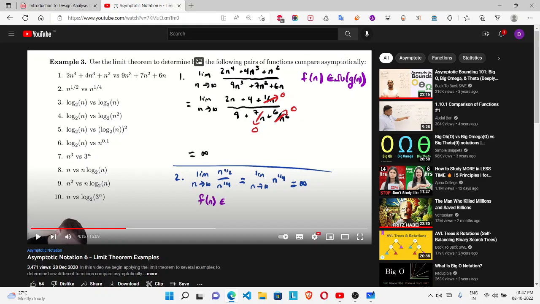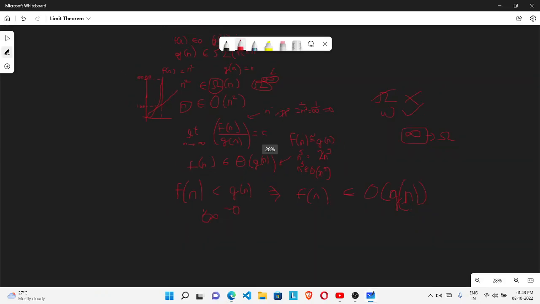In the second question, n raised to 1/2 and n raised to 1/4. Again, the same thing, you just cut n raised to 1/2. See, what is n raised to 1/2 by n raised to 1/4? Isn't this n raised to 1/2 just twice the square of n raised to 1/4? Wait, I think I'm writing it wrong.